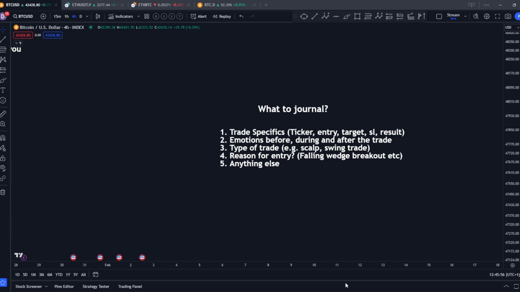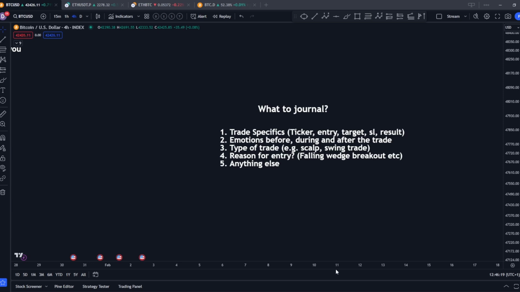And of course, write down anything else that might be important to you during your trading. So emotions, what happened during the trade, if you maybe cut the trade too soon and then it still ran afterwards, something like that. People just tend to always make the same mistakes, and even after years and years of trading, they're still making the same mistakes.